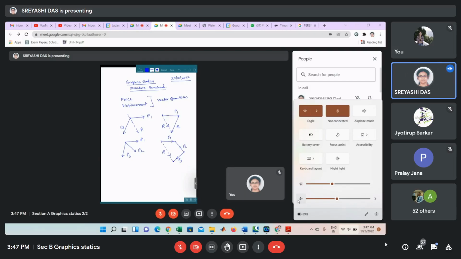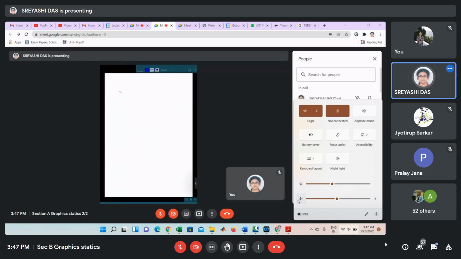Now, for the first case, let us do a simple problem. Suppose we have a string like this, and here a load, suppose 10 kilonewton, is acting.